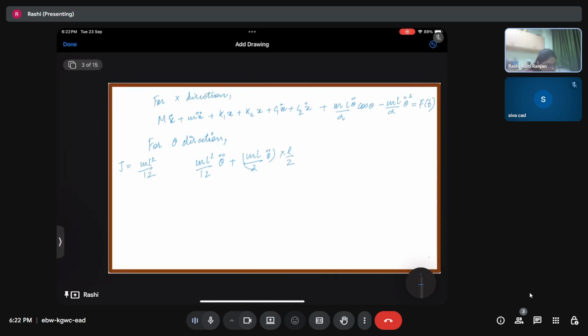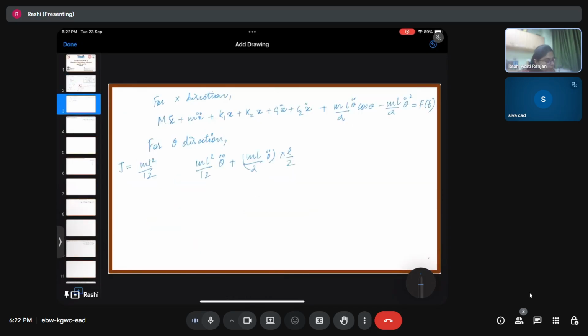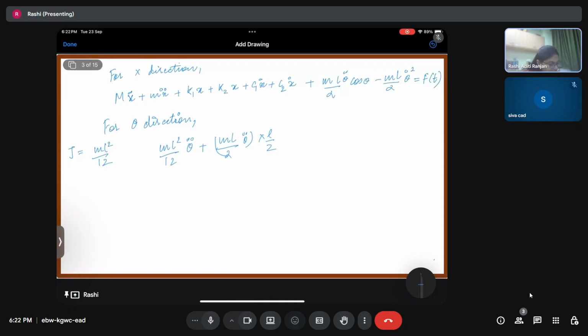Apart from that, we have mg sine theta. It is also going to contribute. So that is going to give us, not minus, it should be plus, mgL sine theta by 2.